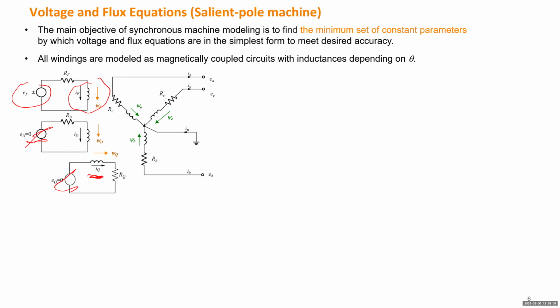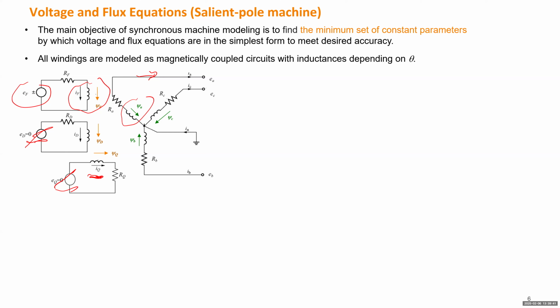But if we talk about any stator winding, the flux linkage will be the source of the electricity. So I need to make the current be in the opposite direction compared to the direction of the flux linkage. Because if this flux linkage increases, it will generate current going outside of terminal A in this case.